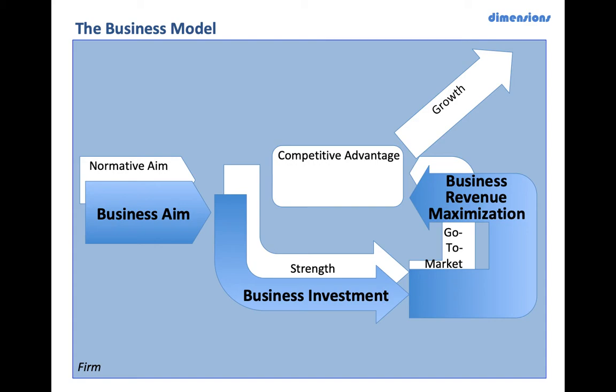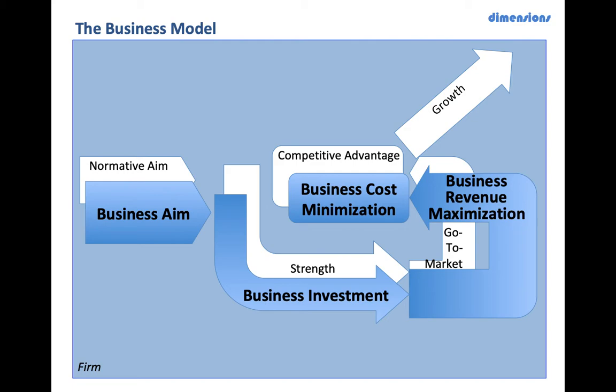The results from business investment form the basis for business revenue maximization, the formula, so to say, for increasing turnover. This formula is derived from the go-to-market model of the firm. Revenue is balanced by business cost minimization, the operational logic limiting expenditures. This cost minimization arises from the competitive advantage of the firm.